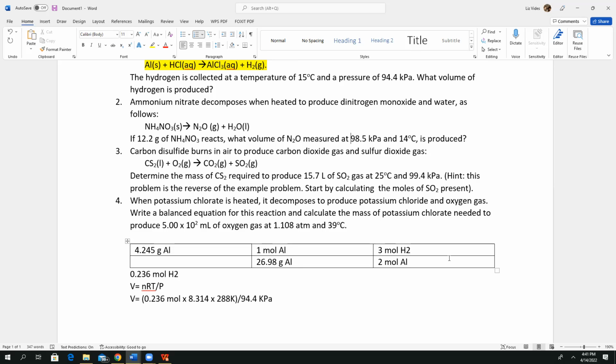Right. KClO3. So K is 39.1 plus Cl is 35.45 plus O3 is 3 times 16, 122.55. Okay, so 122.55 times 2 times 0.0216 divided by 3.